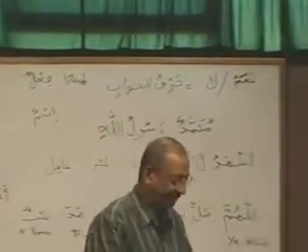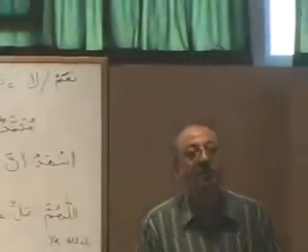Are you with me, brothers and sisters? So, it's very simple. Al-jumlatul ismiyatu, what do we call it in English? Nominal sentence, which begins with a noun. And al-jumlatul fi'liyatu, in English, verbal sentence, begins with a verb. Okay, fine. Easy, very easy.